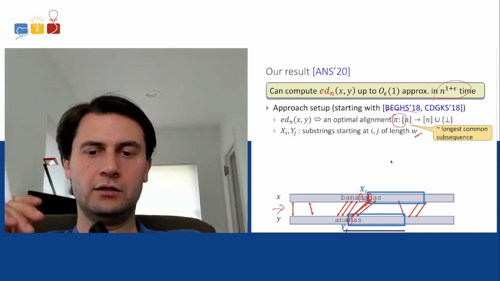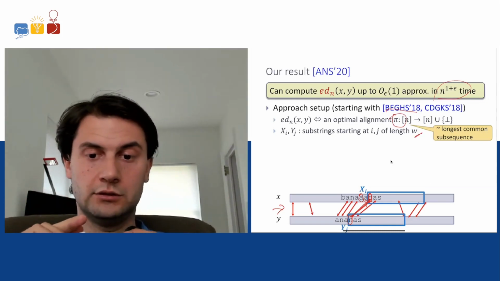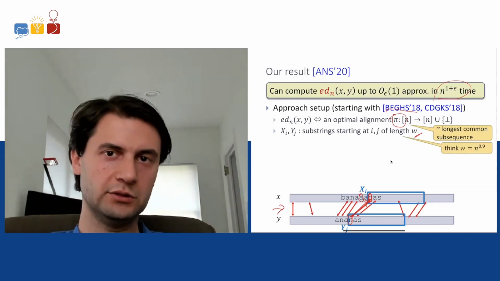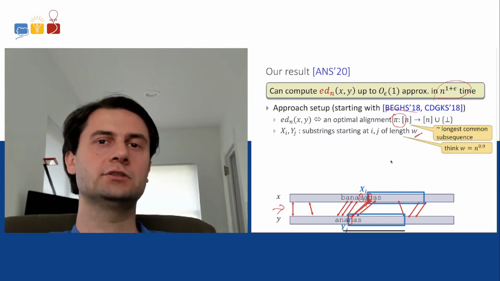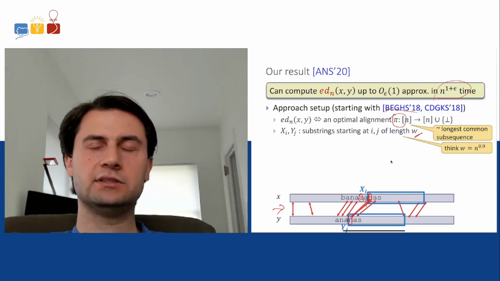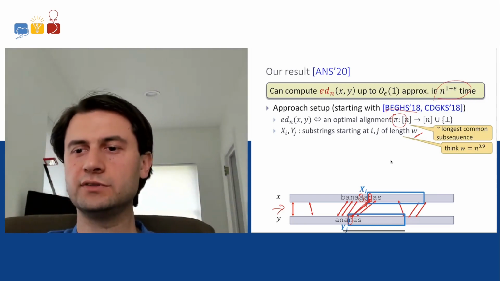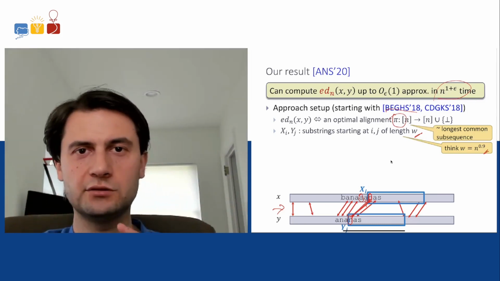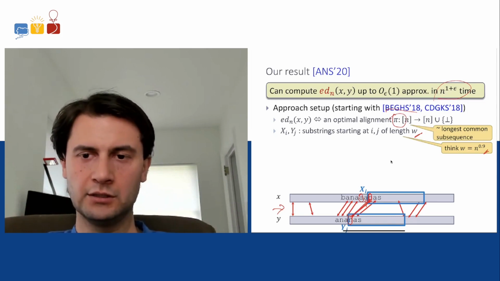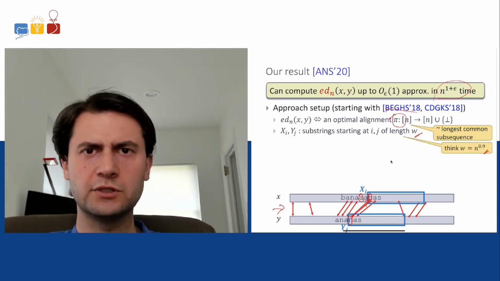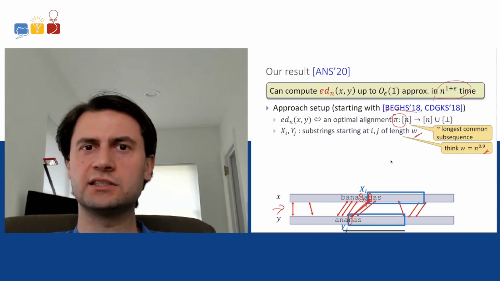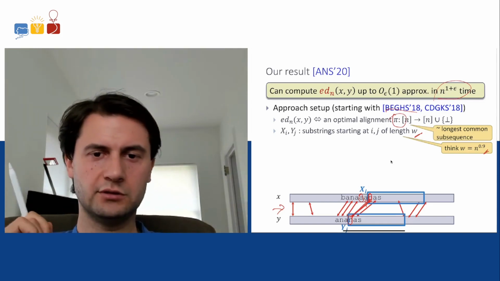Think of w as being relatively large, so these are long substrings, some polynomial in n, something like n to the 0.9, for example. Sometimes I'll refer to these substrings as blocks. It's just easier to call them blocks.